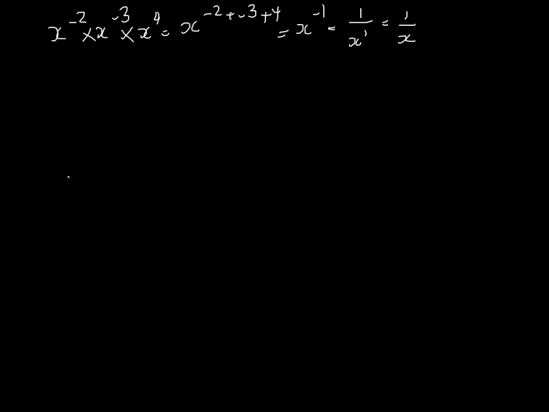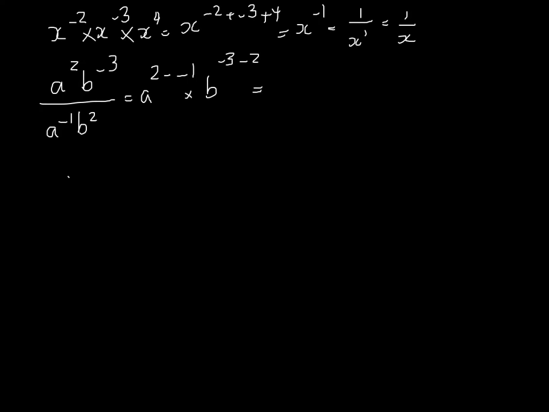The next one, which we should express in positive exponents, is a exponent 2 b exponent negative 3 divided by a exponent negative 1 b exponent 2. Now, to do this one, we have a exponent 2 divided by a exponent negative 1, so we have to subtract, then we get a exponent 2 minus minus 1, we subtract the exponents, times b exponent negative 3 minus 2.